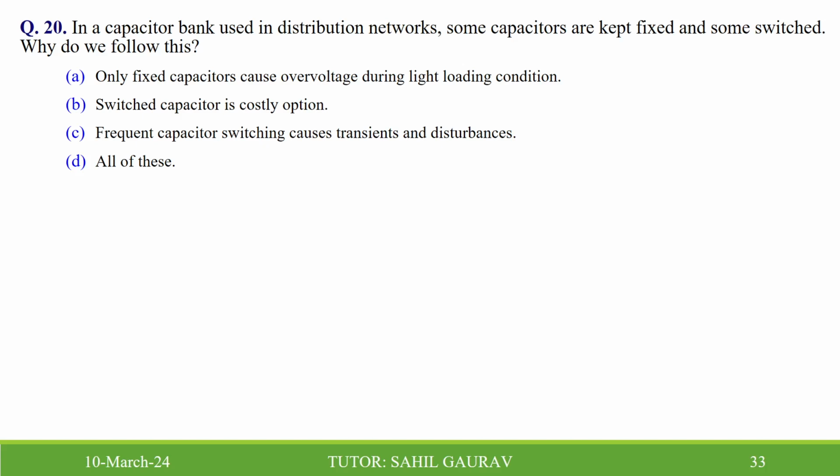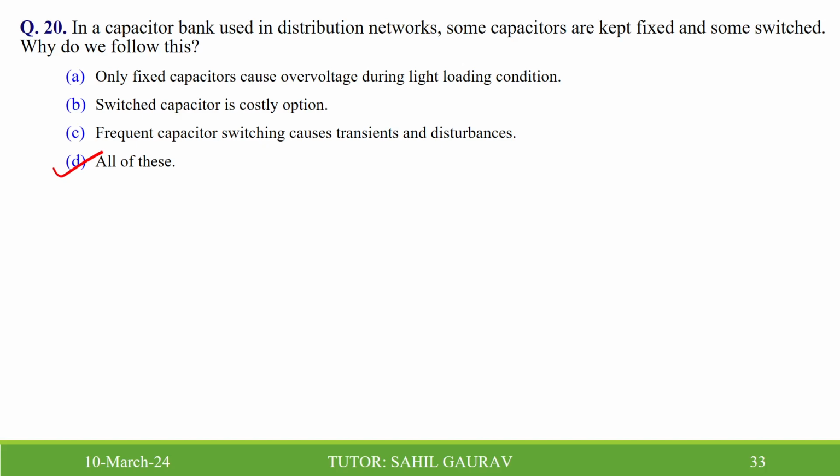Option D. Yes, correct. D is the correct answer, because all are correct statements. If we only install fixed capacitors, then we will see over voltage during light loading condition. So to avoid this, we also have switched capacitors. But we have to take care of both, because if we install only switched capacitors, that is also a costly option.